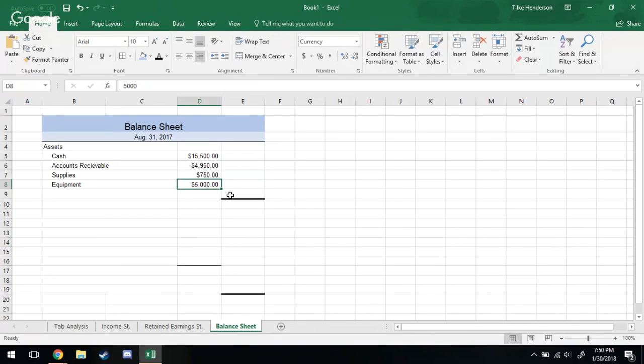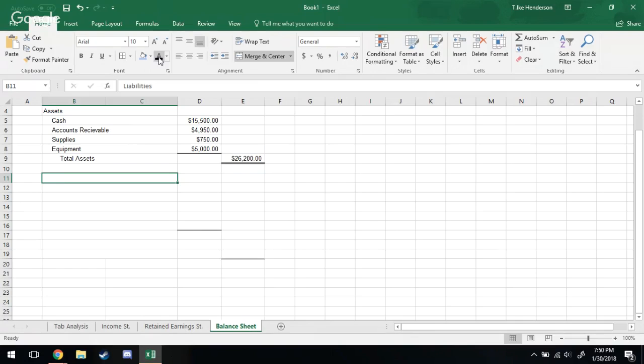By adding all those up together, that would be 15,500 plus 4,950 plus 750 plus 5,000. That will give us our total assets of $26,200.